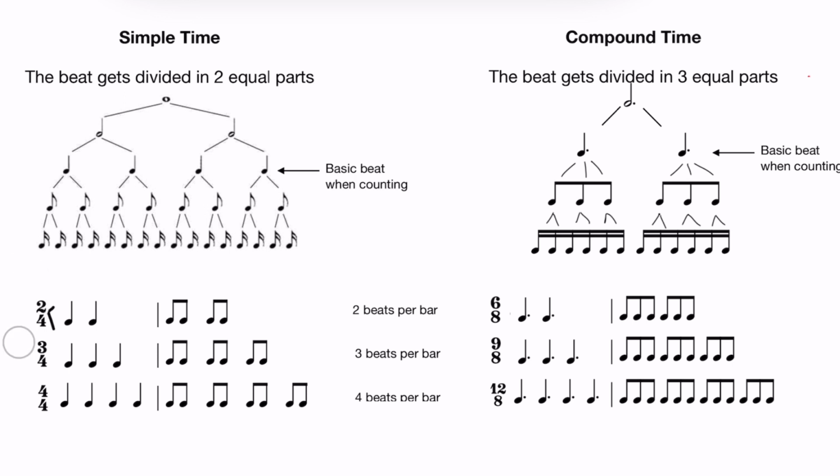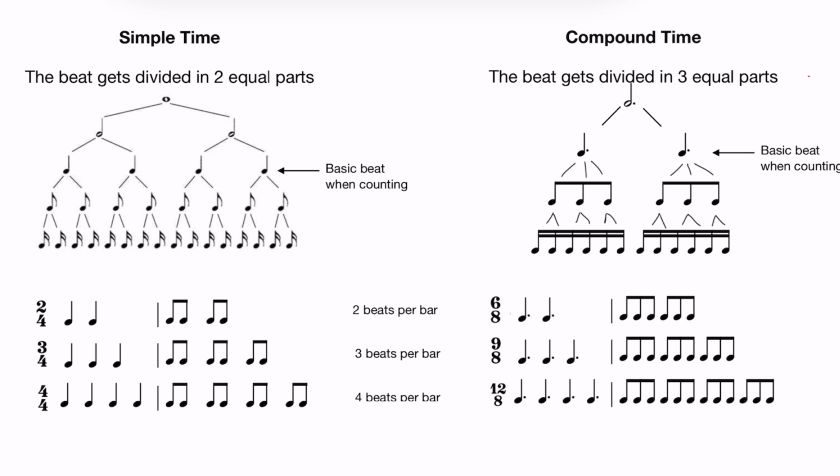But over here in compound time, we don't have any number that can represent a dotted quarter note. So instead, we're going to count the eighth notes. We call this time signature 6/8 because there are 6 eighth notes when you subdivide your basic beat into eighth notes. These two time signatures correspond to each other because they both have 2 beats per bar.